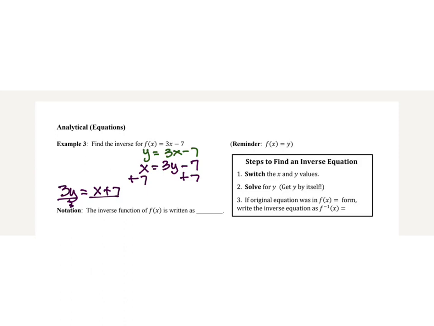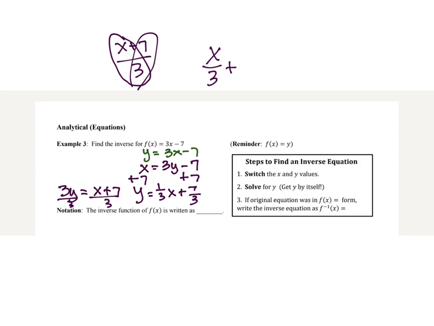Divide by 3. So y is equal to, you could write 1/3 x plus 7/3. You could write it as x plus 7 over 3, right? In which case I'm dividing x by 3, and I'm dividing 7 by 3.